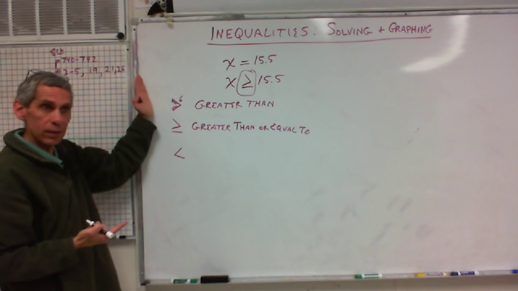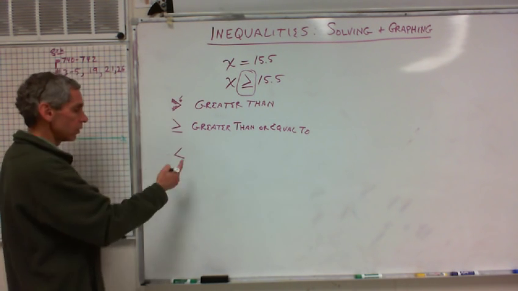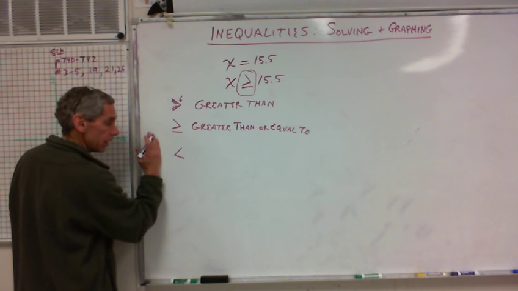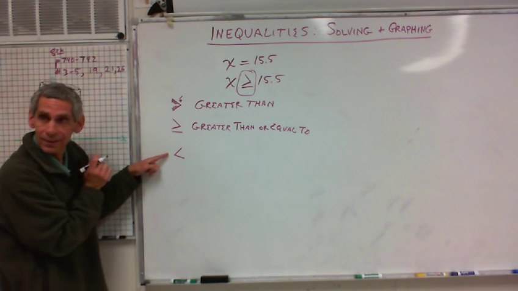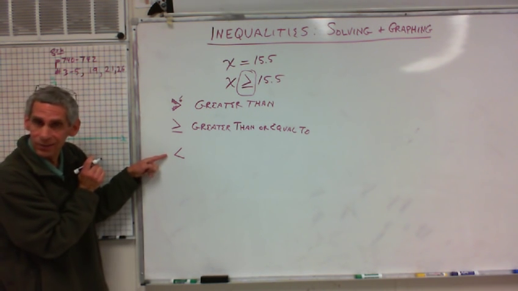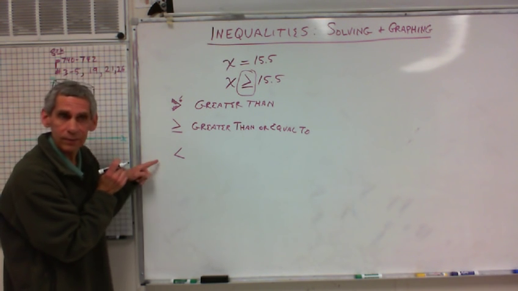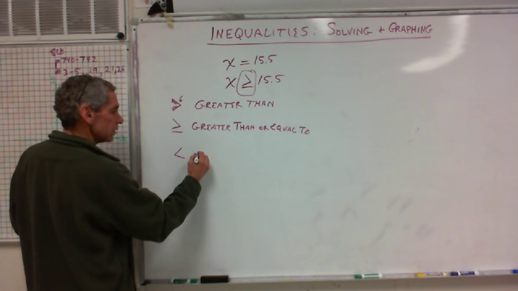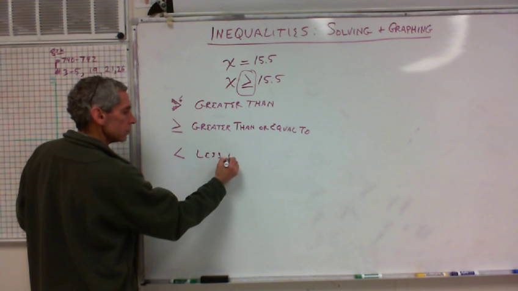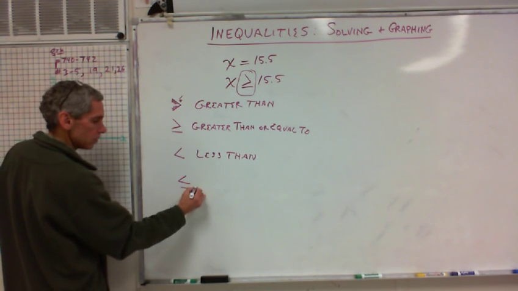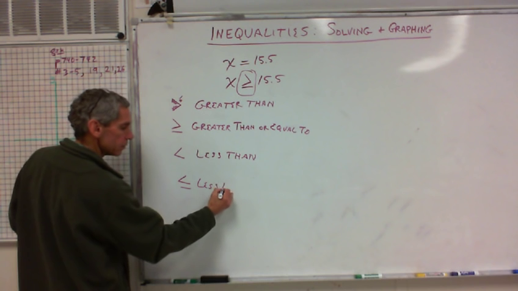That's the bigger side, that's the smaller side. But here, as I go left to right, I hit the little teeny point first. That means that's the little side. So this side's littler than this side, right? Yes. So this means less than. And then this means less than or equal to, right?